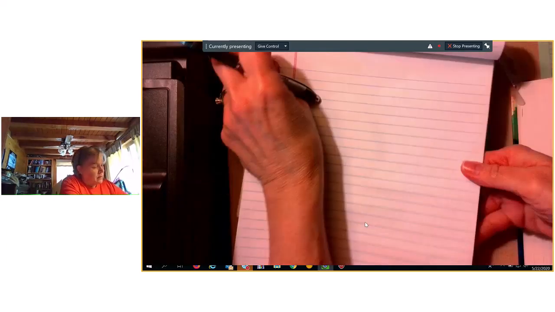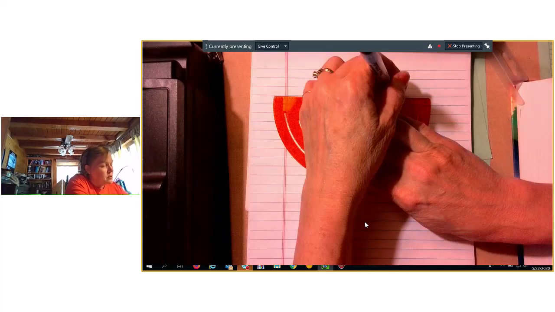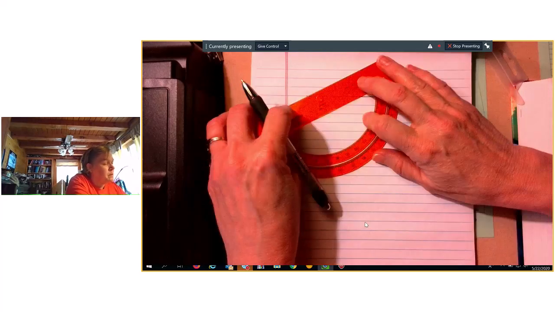Now the last thing we're going to do right now is I'm going to draw a triangle on my paper. If you want to draw a triangle, it can be any type of measurement, it doesn't matter.